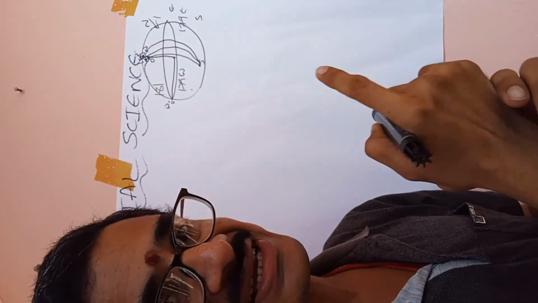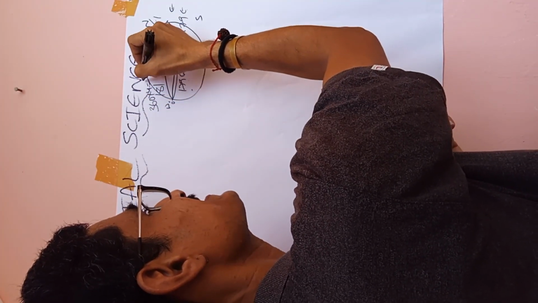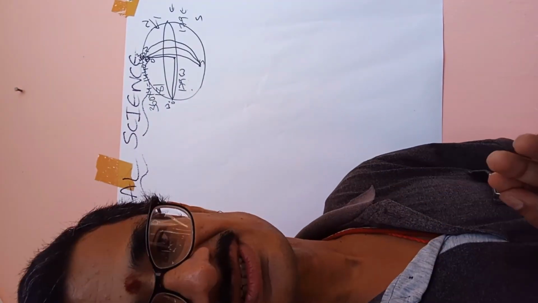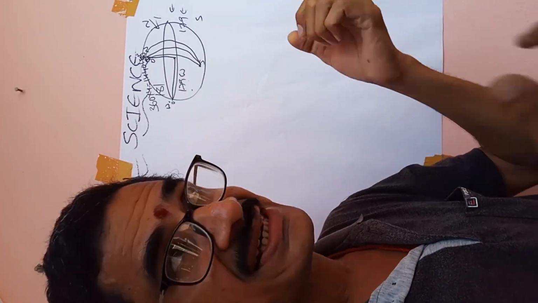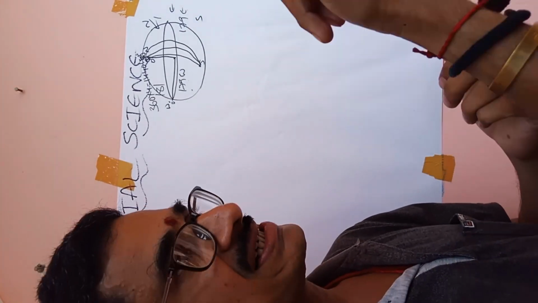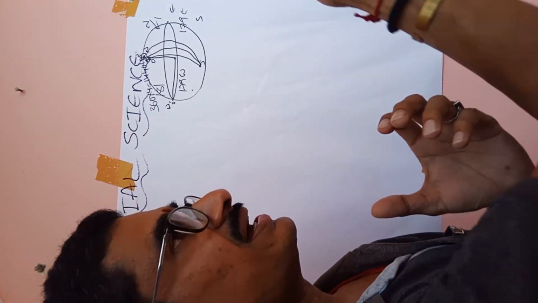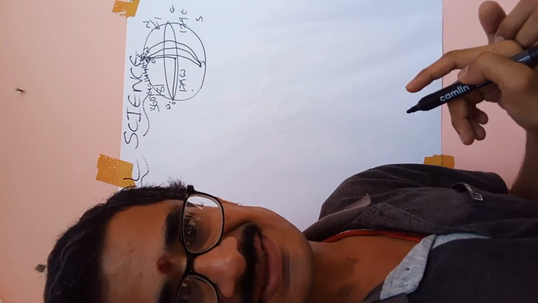In total, how many longitudes can we imagine? 360. 360 into 4 minutes is exactly 1440 minutes, divided by 60, 24 hours. For one rotation, Earth takes 24 hours. Every 4 minutes, one longitude is getting sun rays, because Earth is rotating from west to east.